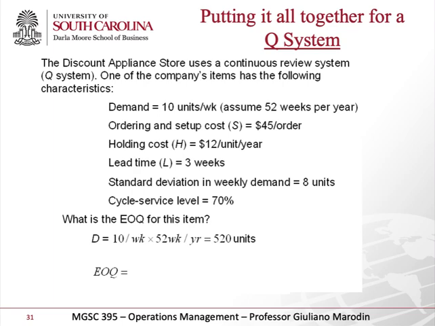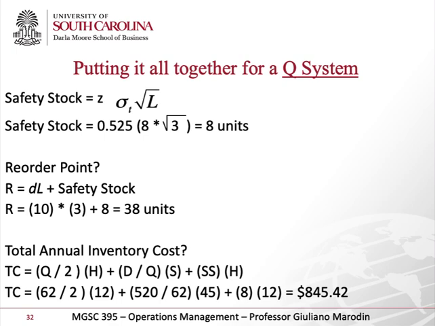Economic order quantity uses yearly demand. So square root of 2DS divided by H, 2 times 520, which is the yearly demand, we just took the weekly and multiplied by 52, times 45, which is the ordering cost, divided by 12, which is the holding cost, 62 units. So we know that every time we're going to buy 62 units.